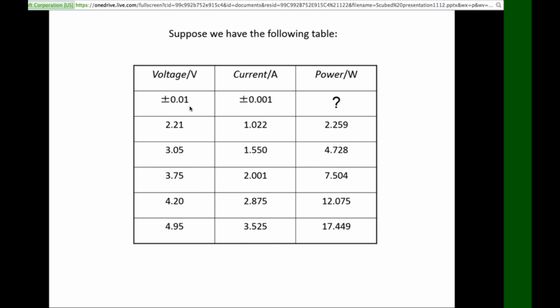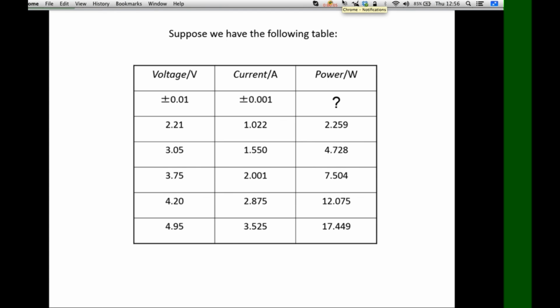Remember we said we can only write the plus and minus when we have the actual value written in front. But here we do have the actual values, for instance 2.21, 3.05. So what we're saying is that we have 2.1 plus or minus 0.01. That is, our error of 0.02 is divided symmetrically before the 2.1 and after the 2.1. 0.01 before and 0.01 after, and therefore we get 2.21 plus or minus 0.01.